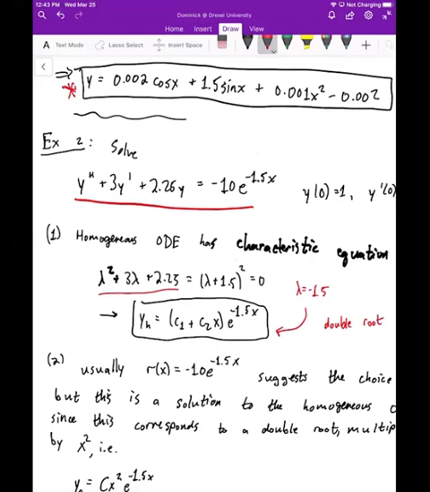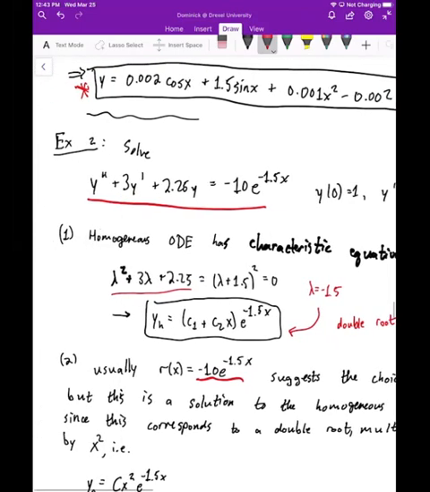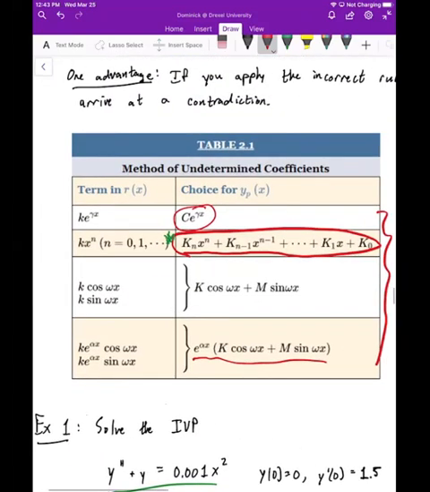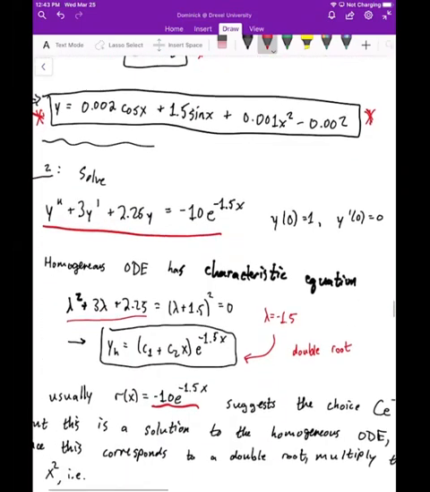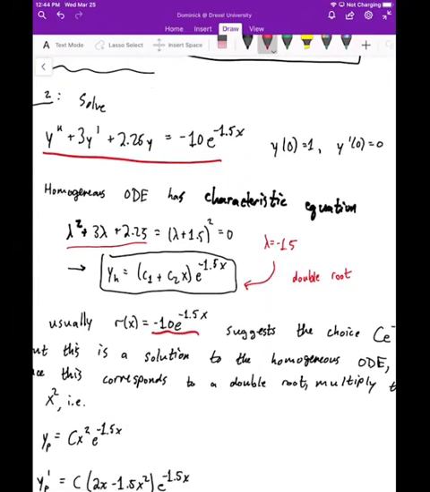So most of the time, if we look at our table, we have an e term, so that would normally suggest take a constant times your e term, right? But the problem is that that's already one of the solutions.